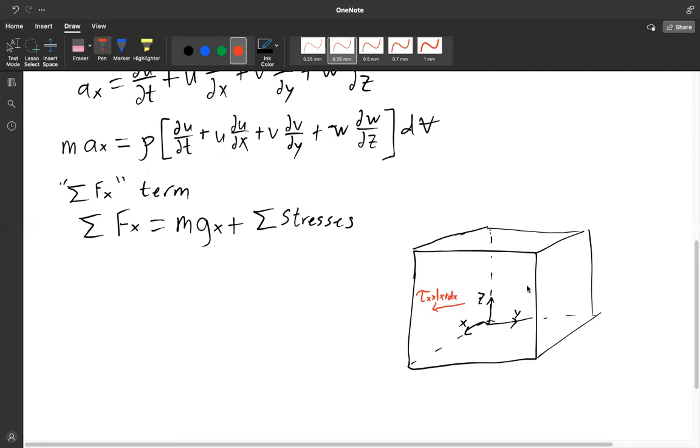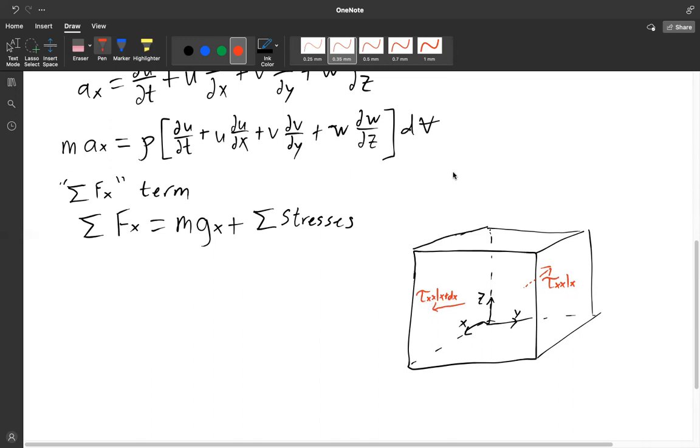And then an opposite force on the other side is tau xx evaluated at x.